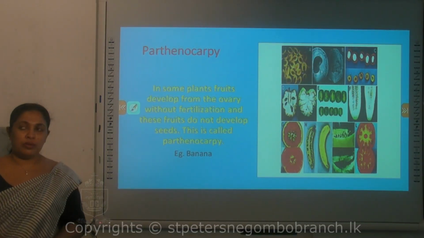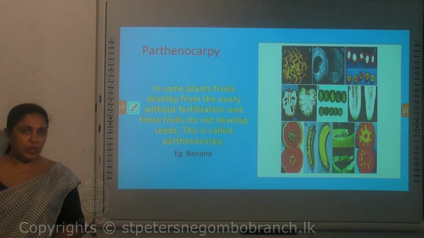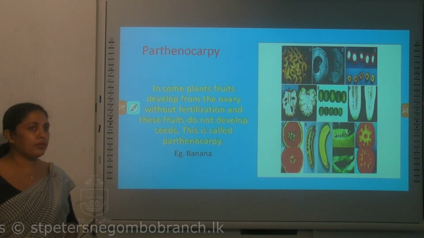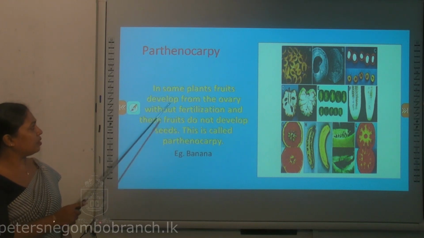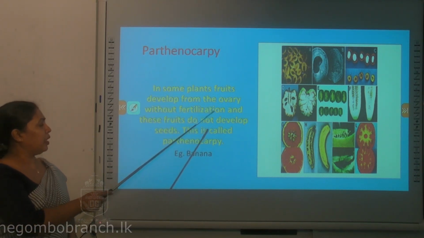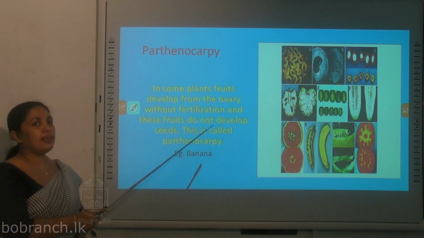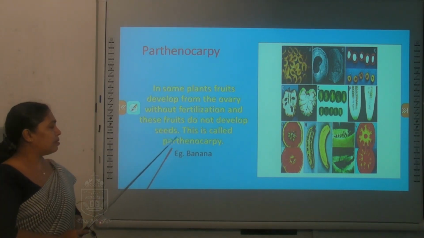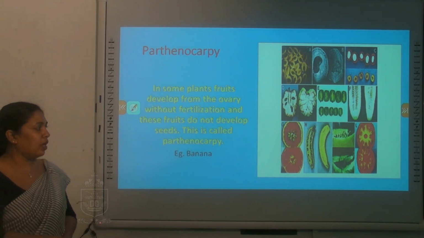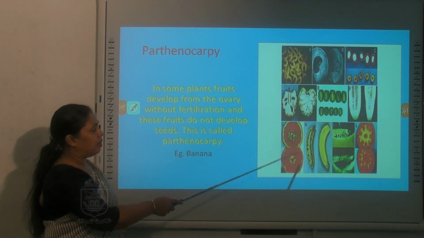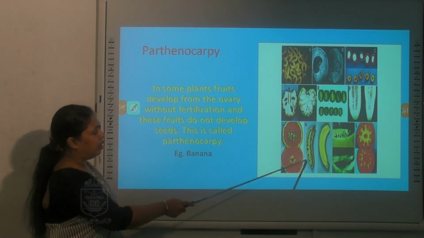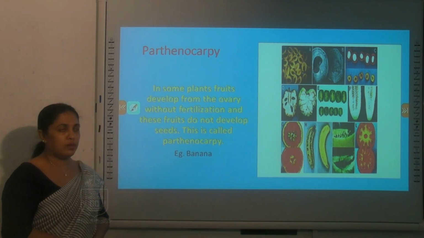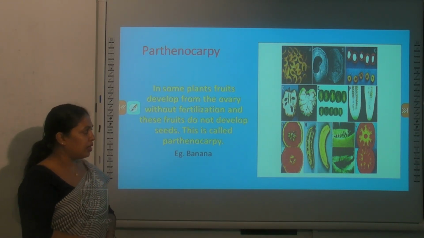So, we are going to Parthenocarpy now. Parthenocarpic fruits are very common nowadays. In some plants, fruits develop from the ovary without fertilization, and these fruits do not develop seeds. This is called Parthenocarpy. You can see the seeds are there, here no seeds. The most common example is banana, no seeds in the banana which we are using nowadays.